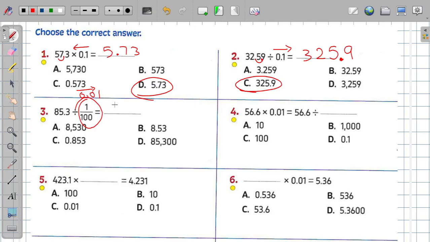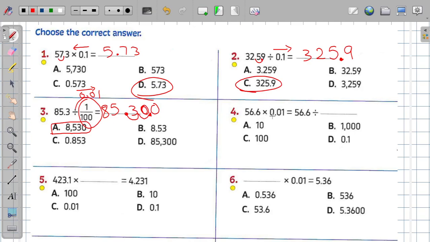So it will be 85.3, and I will move the decimal point to the right 2 places. So I will add some zeros right here. So 1 place, 2 places. So the decimal point will be between 2 zeros. So I have 8530.